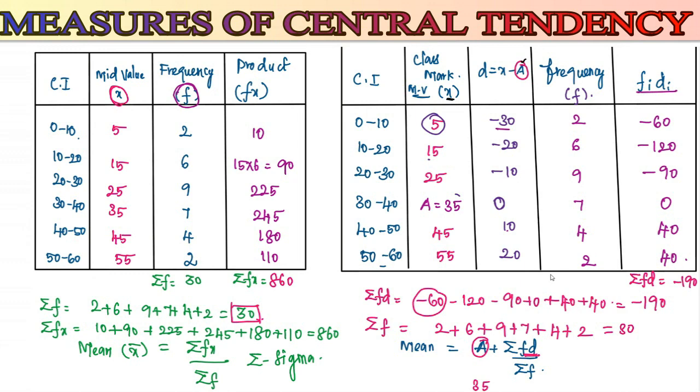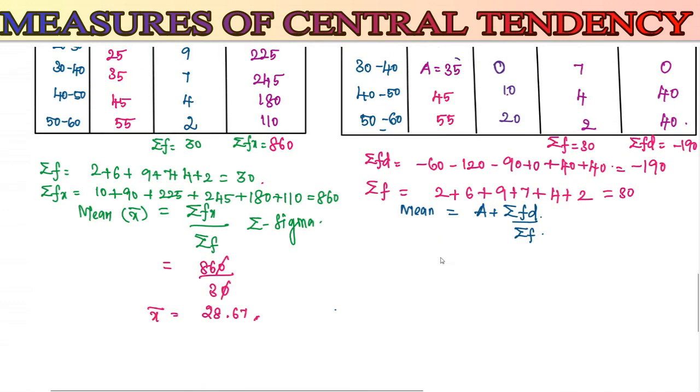So sigma F is equal to 30. Now I am going to substitute these values in the mean. We know very well the A value is 35 plus sigma FD value minus 190 divided by sigma F value 30. So the 0s get cancelled.